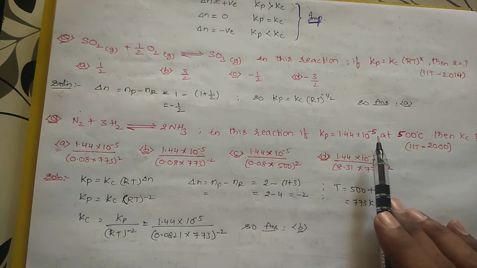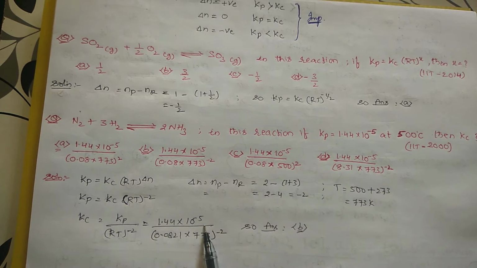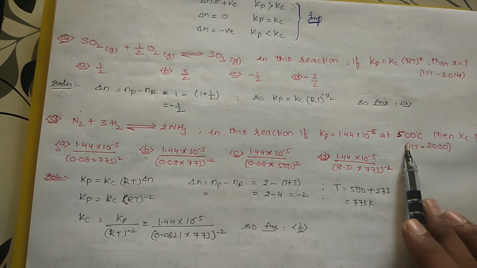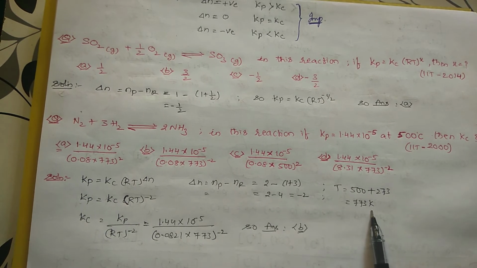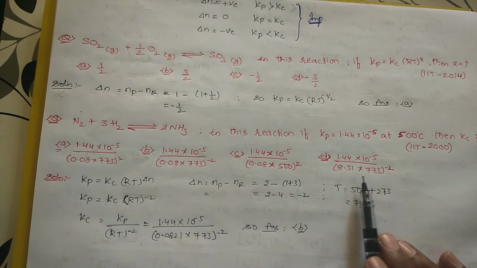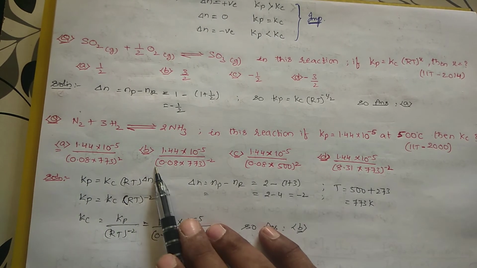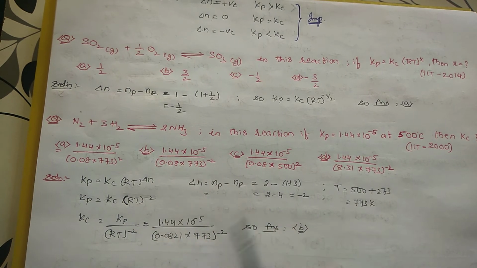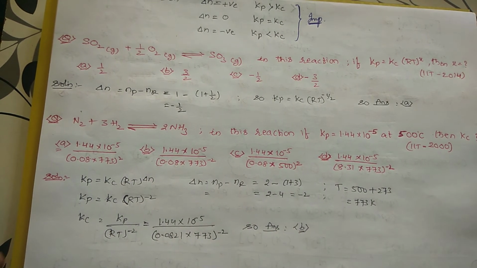The Kp value is 1.44 into 10 power minus 5. R is 0.0821, and T is 500 degrees centigrade, which converted to Kelvin by adding 273 is 773, whole power minus 2. Check where the answer is present, that will be the answer. It is present in B: 1.44 into 10 power minus 5 by 0.08 into 773, whole power minus 2.